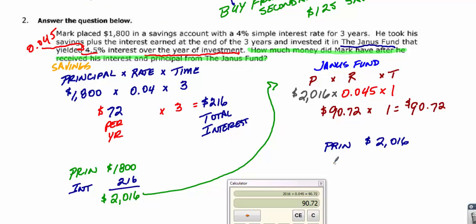The new interest that he earned, $90.72. I'm going to add a couple decimals there just so we add up everything correctly. We get 2, 7, we get 6 and 0, we get 9 and 1 makes 10, carry a 1. We get 9. We get, let's go back and do that again.